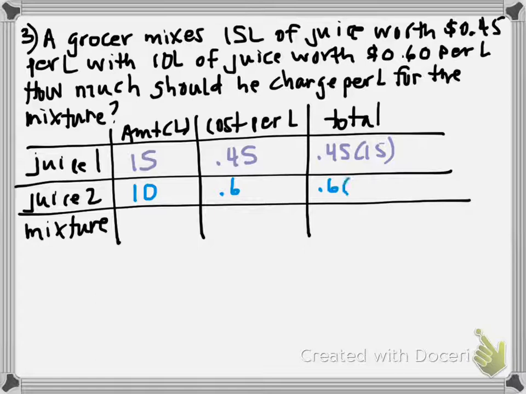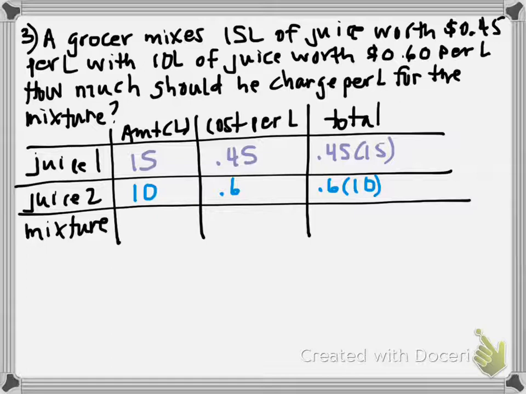So I get its total is 0.6 times 10. Now I could multiply that out, but I'm not going to. And then there are no more numbers given in the problem. But we need to fill in amount and cost per liter for the mixture and therefore come up with its total in order to come up with our equation.